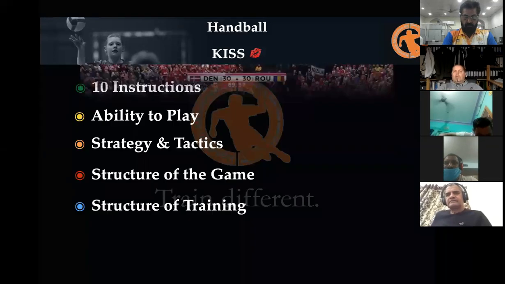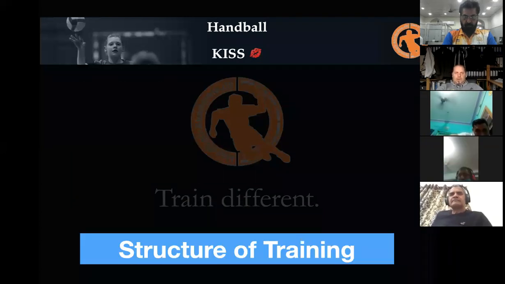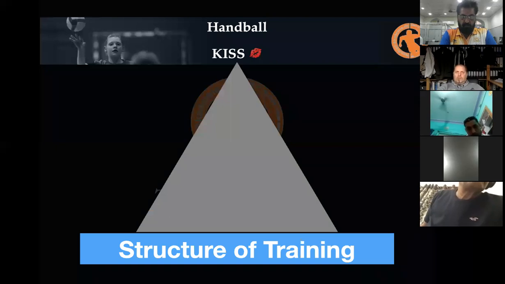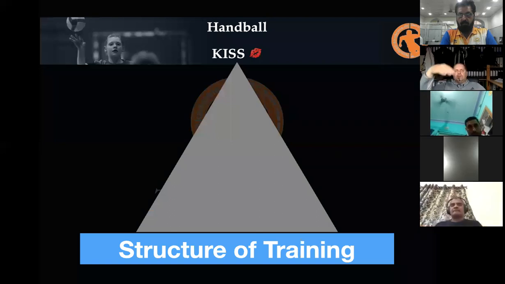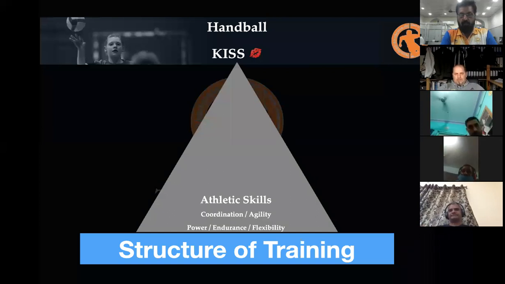Okay. Finally, coming to the structure of the training. And this brings a little overview over the elements we had in our webinars till today. We come again with the picture of a pyramid. This is always a good idea because it prescribes how different levels depend on each other. The basic level is here now athletic skills.